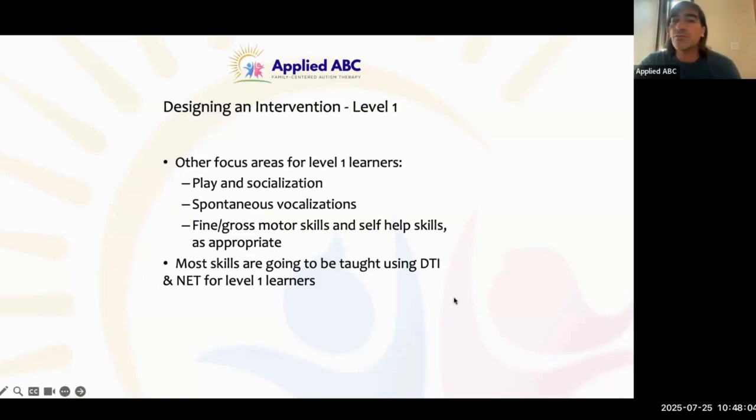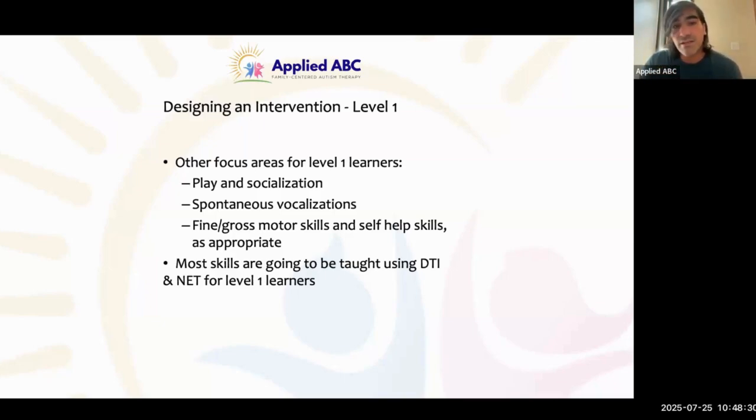Other focus areas for level one learners: play and socialization. We talked about play skills and social skills. Obviously, that is an element of a learner that's fundamentally impacted by autism spectrum disorder, so we want to address that. Spontaneous vocalizations, always a difficult thing to teach, but you have it as a target and you reinforce it, and you know the distinction between them saying something on their own and saying something that you requested.